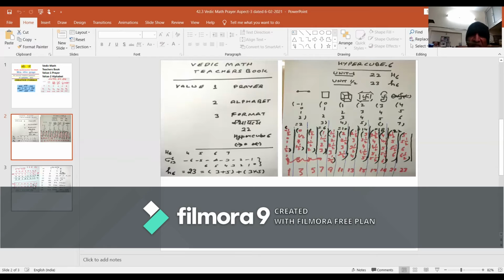This is first generic series. This is generic series of unit 1.